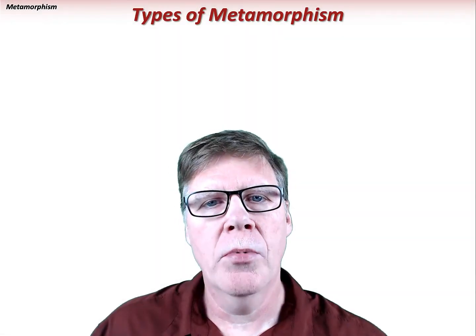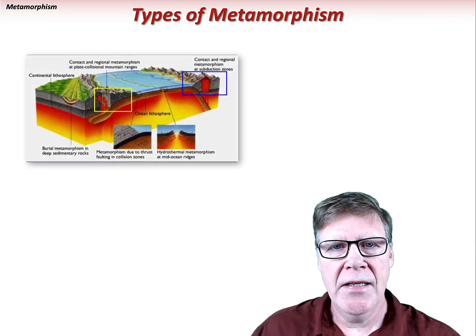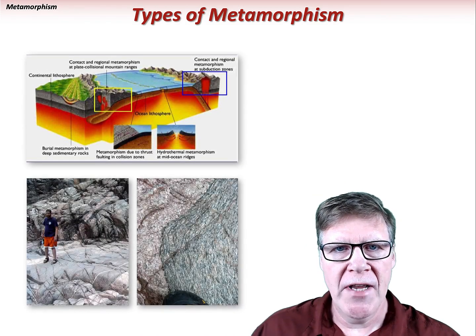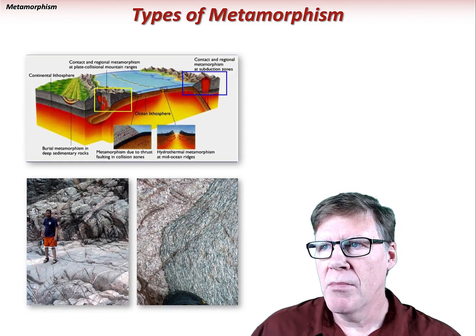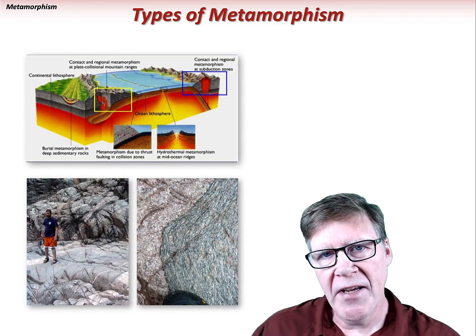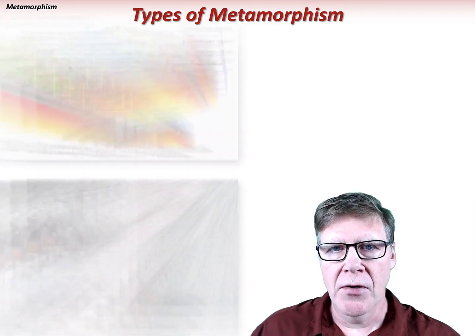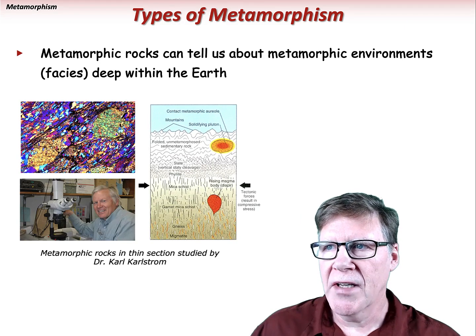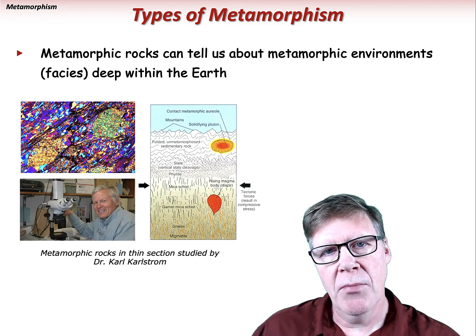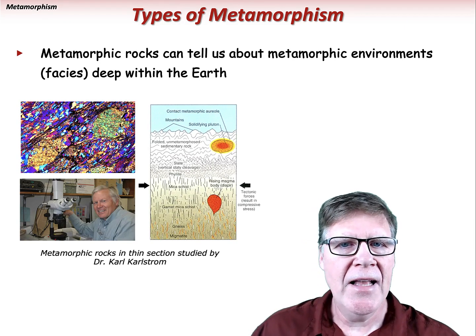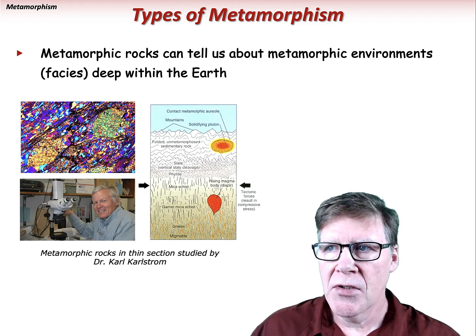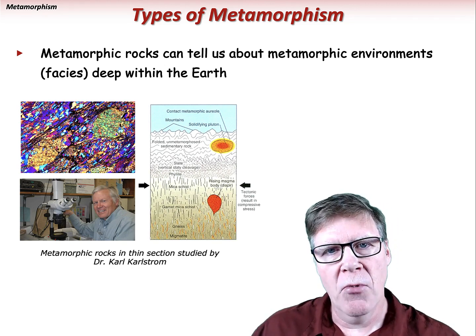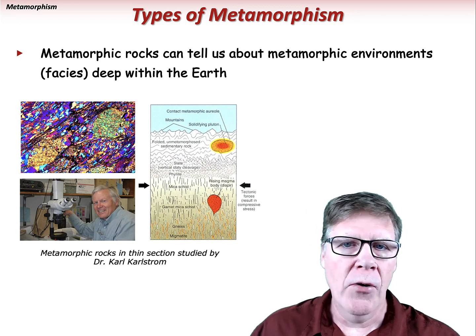Metamorphism occurs in all plate tectonic settings, and the resulting metamorphic rocks that are created can tell us about metamorphic environments or metamorphic facies that exist deep within the Earth. Geologists like Dr. Carl Karlstrom study metamorphic rocks and minerals in hand sample and in thin section to get a basic handle on the type of metamorphism and where and how it occurred.